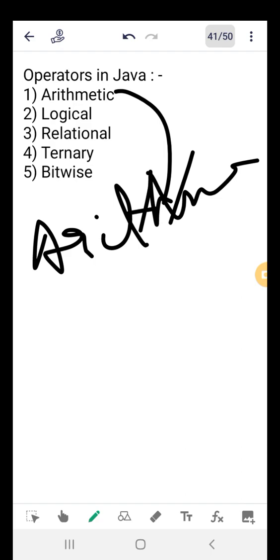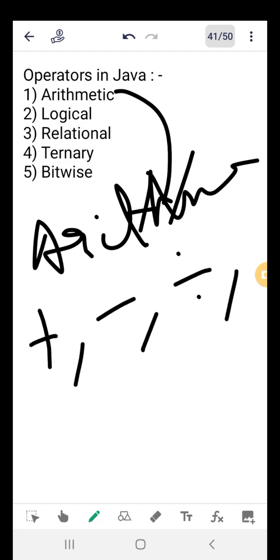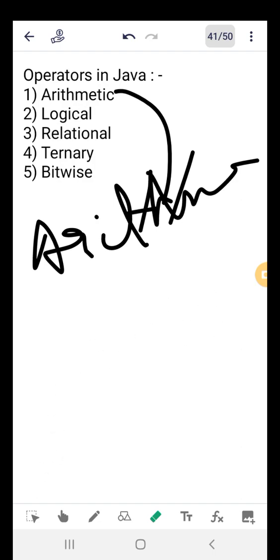Those are the operators with which we perform mathematical operations like plus, minus, division, and multiplication. These are the operators that we use for our mathematical calculations.